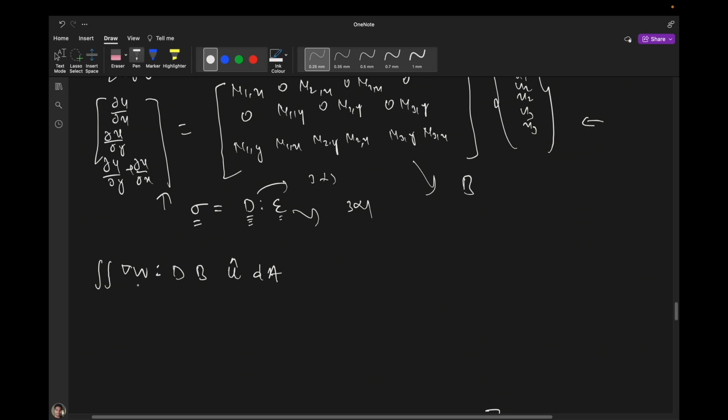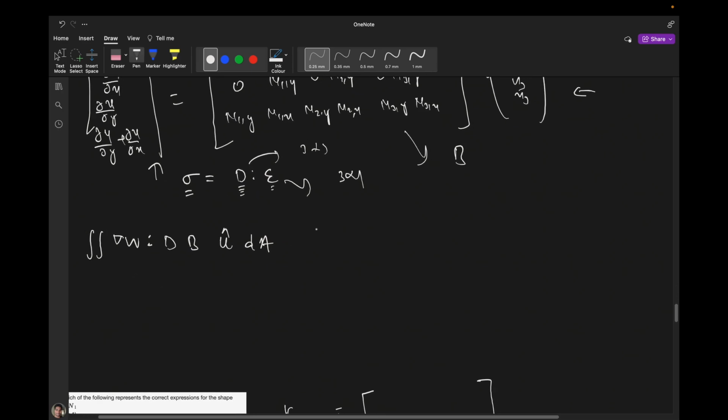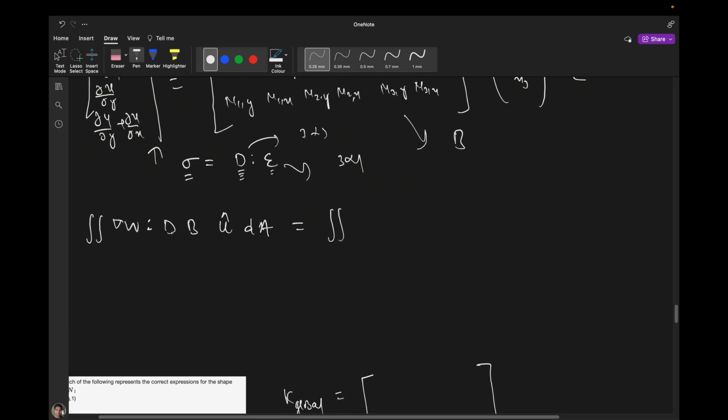Similarly, if you write this thing in this form only, then it will become B transpose.